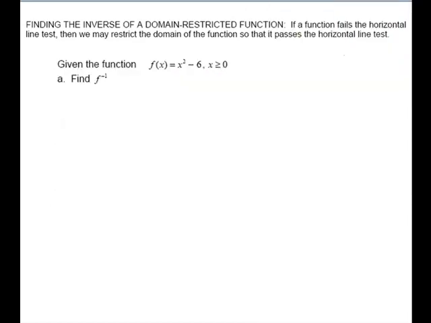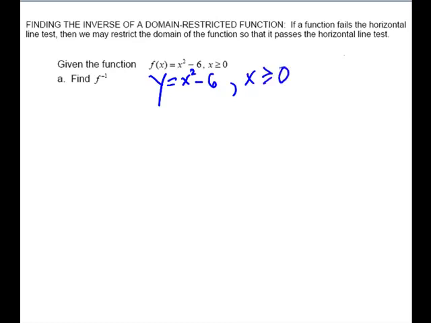For our next problem, f of x equals x squared minus 6, and our restriction is x is greater than or equal to 0. So first they ask us to find the inverse. So we will rewrite as y equals x squared minus 6.